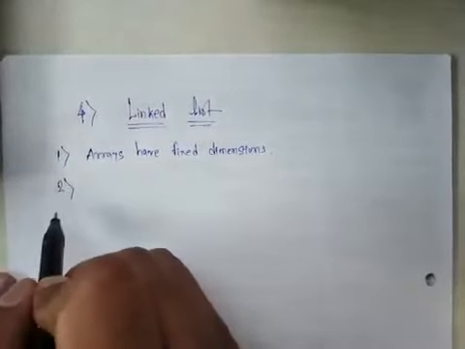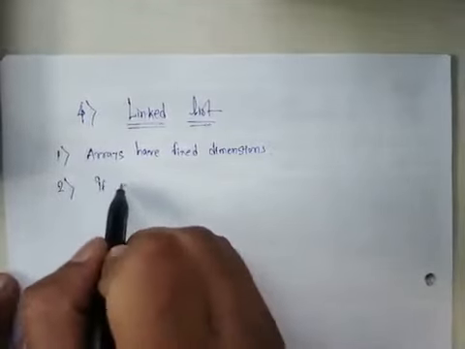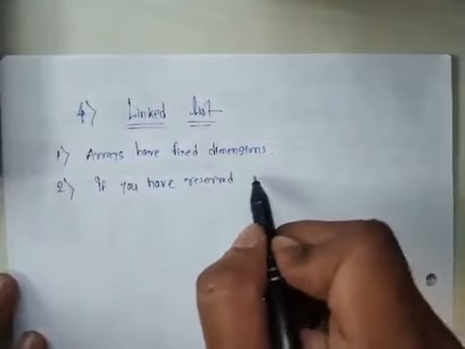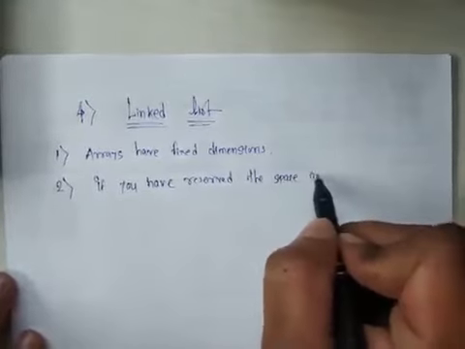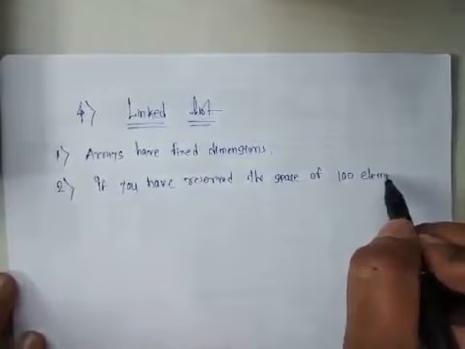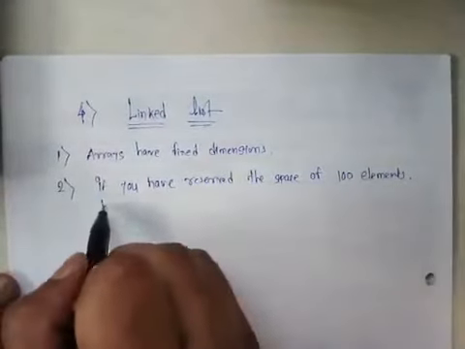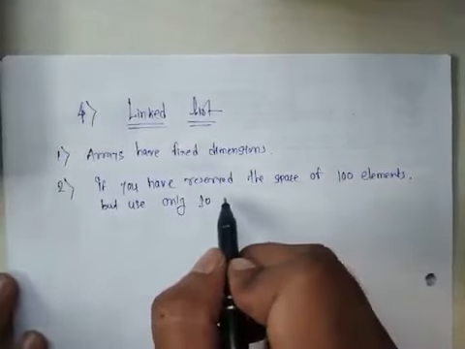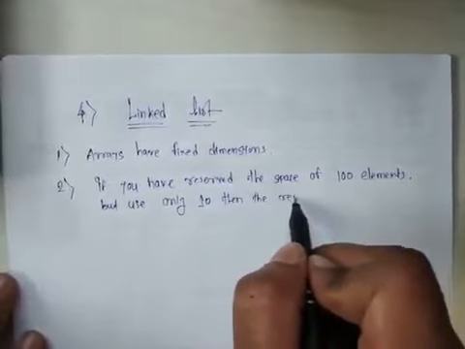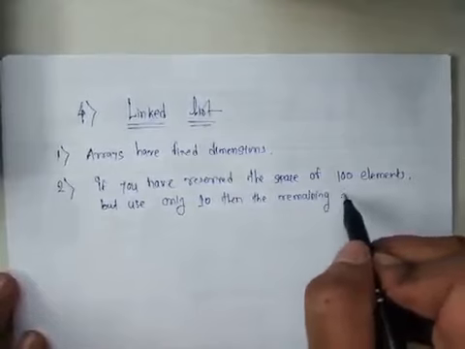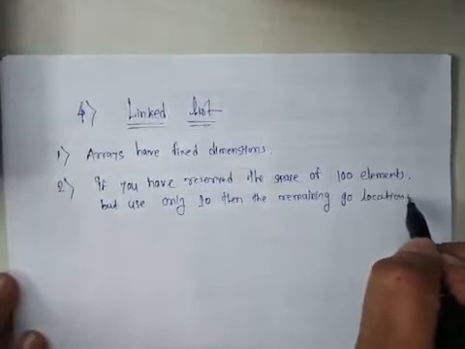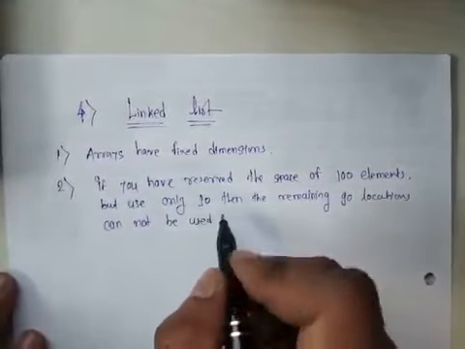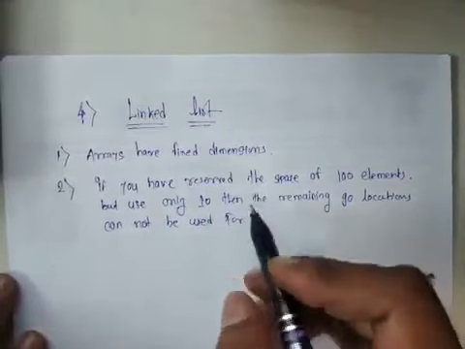Now the second problem: if you have reserved the space of 100 elements but use only 10, then the remaining 90 locations cannot be used for other purposes.